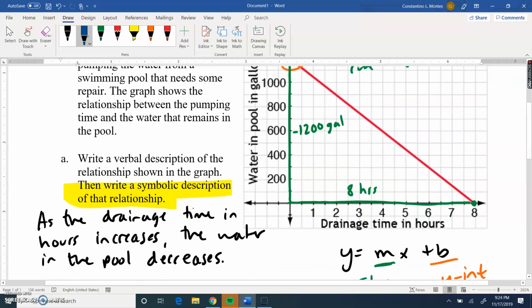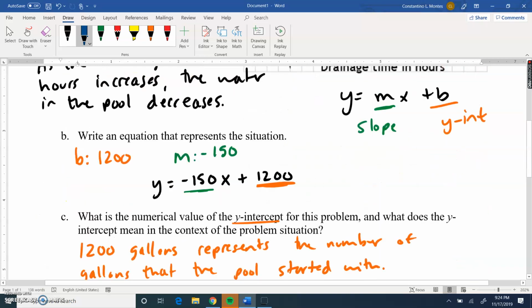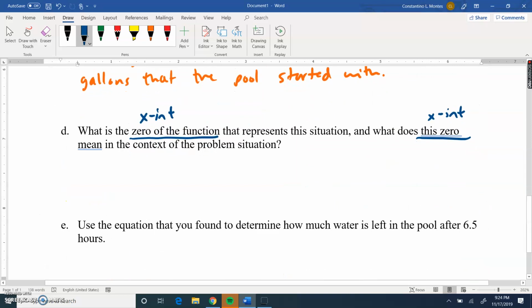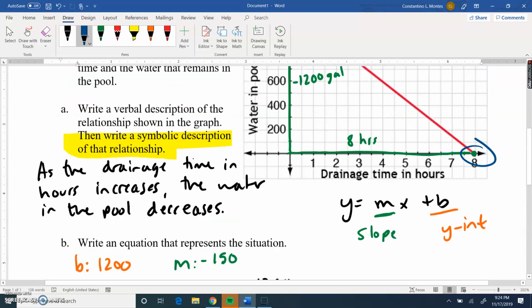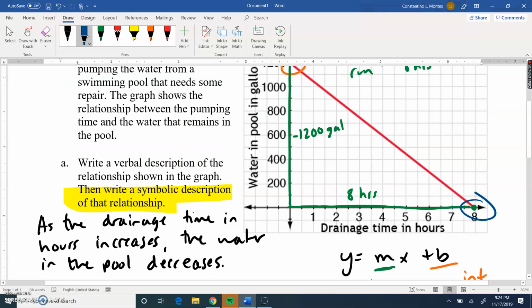So the x-intercept is happening where this graph right here crosses the x-axis, and it's 8 hours. So what is the zero of the function? What's the x-intercept of the function? That's 8 hours. Now, what does this represent within the situation? Let's think. The graph is decreasing, and at 8 hours, I have 0.